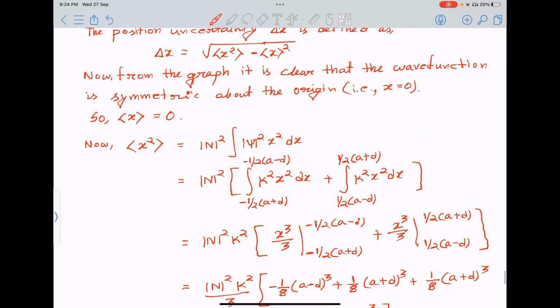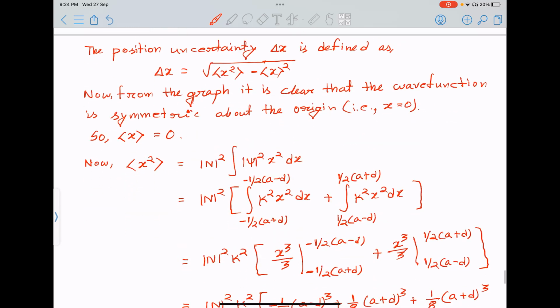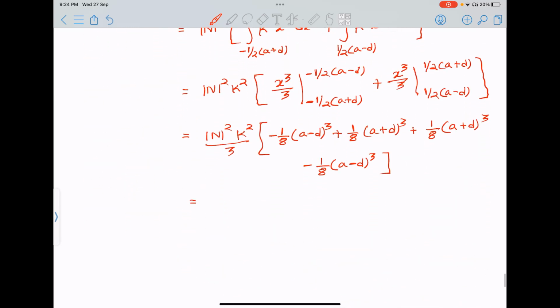So let me just put the value of modulus of n square, which is 1 by 2d k square. So I can write 1 by 2d k square times k square by 3. Right? Then there are two pairs of terms. So let me take 2, then I can also take 1 upon 8 outside.